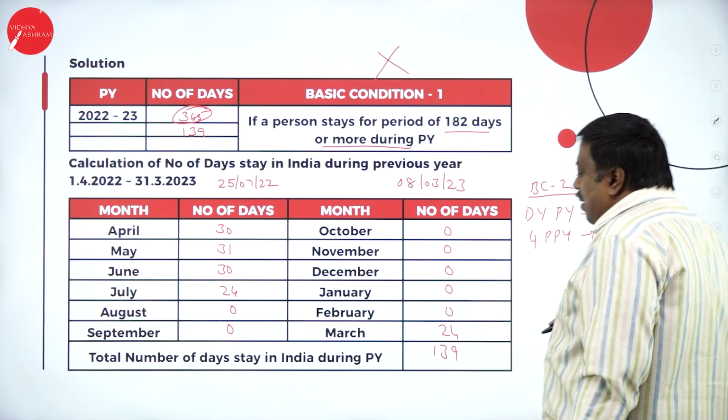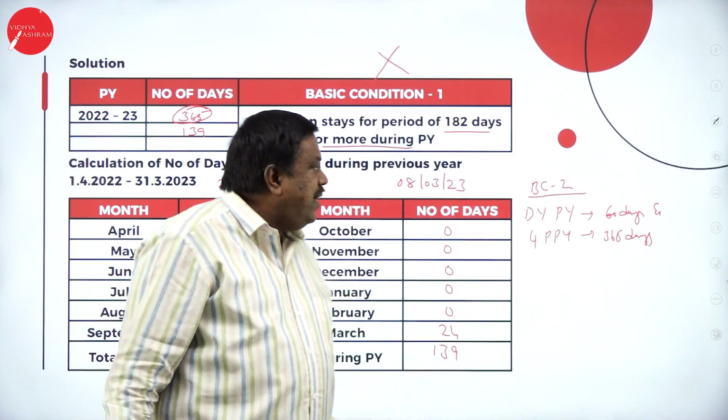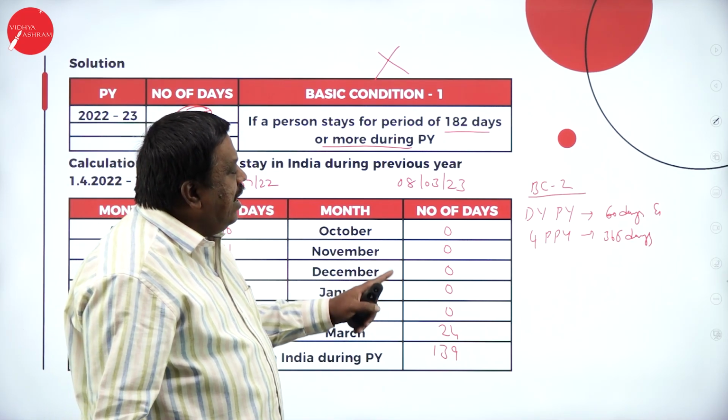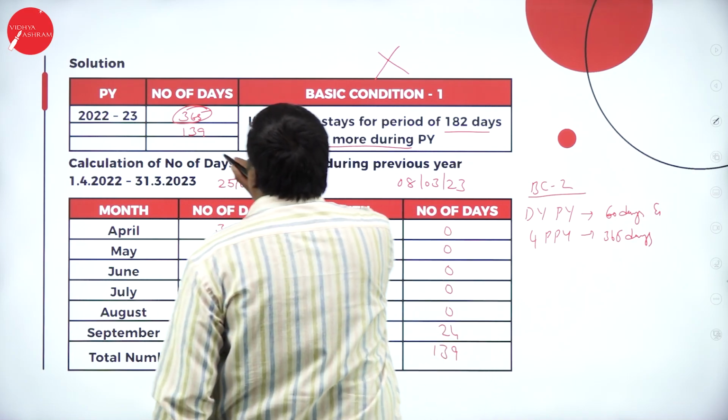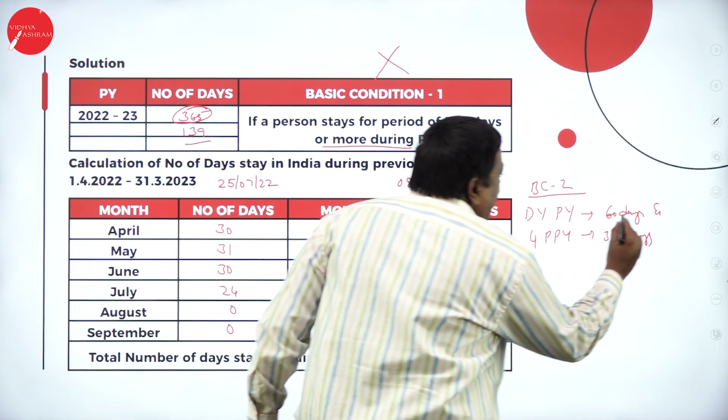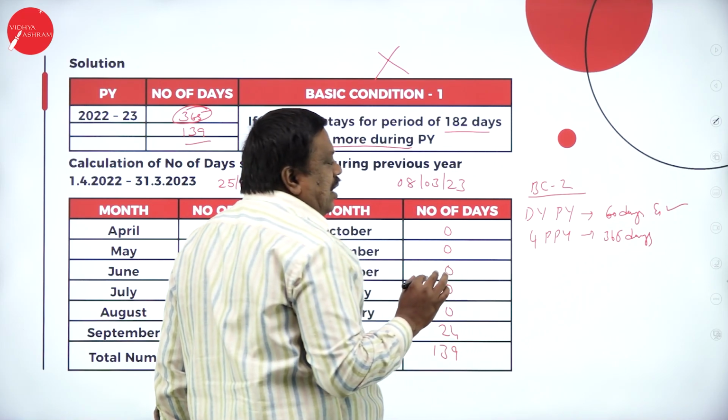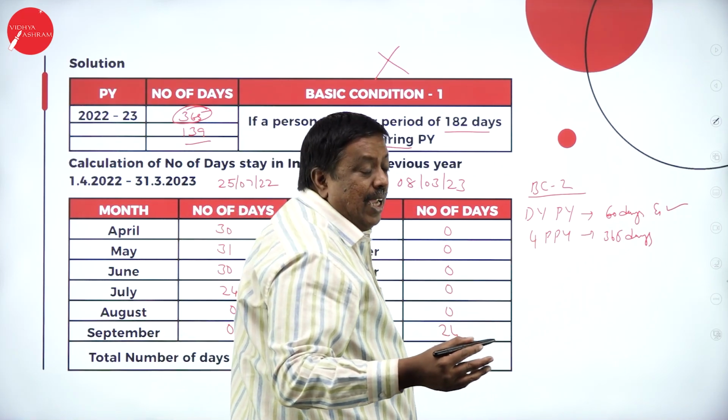What is the number of days we have here? 139. So I have satisfied half of the basic condition. What is the second half of the basic condition we have here?